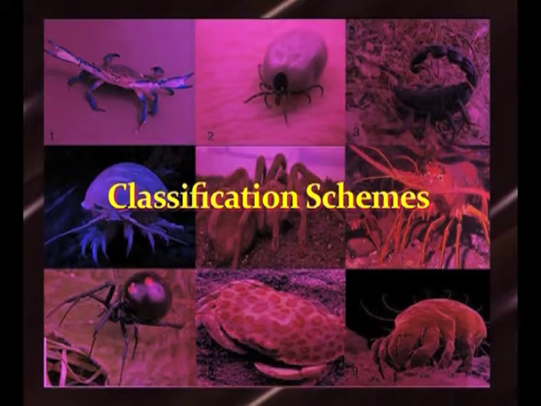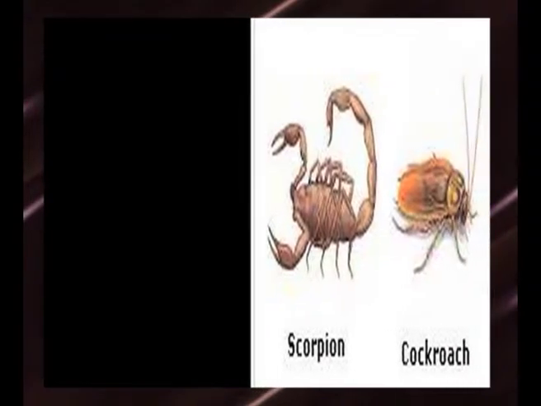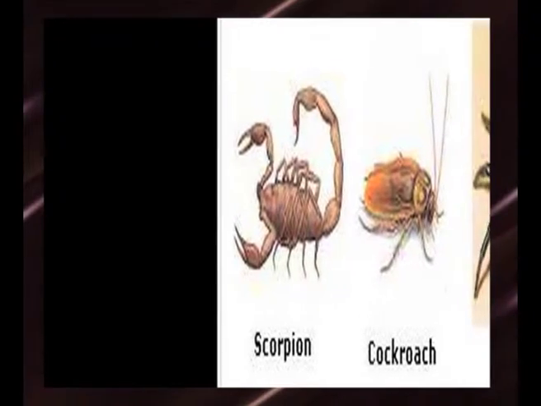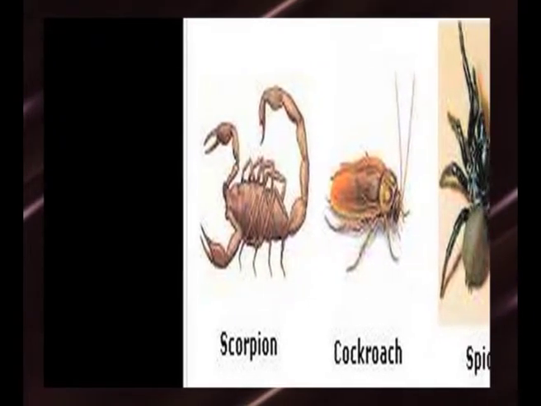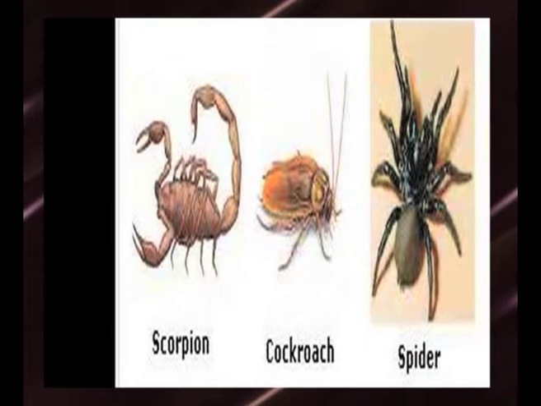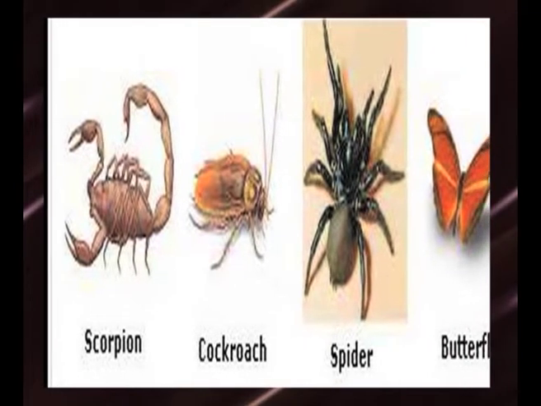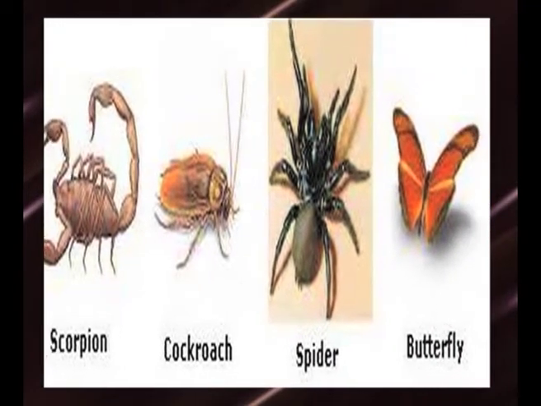Classification schemes. There still remains scope for significant disagreement in the higher level taxonomy of this group of animals. Historically, the main dichotomy relates to whether the phylum Arthropoda is a monophyletic or a polyphyletic group of organisms.